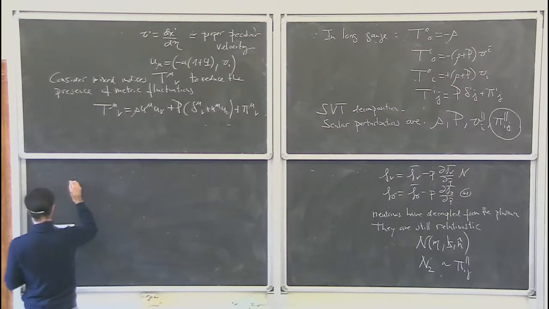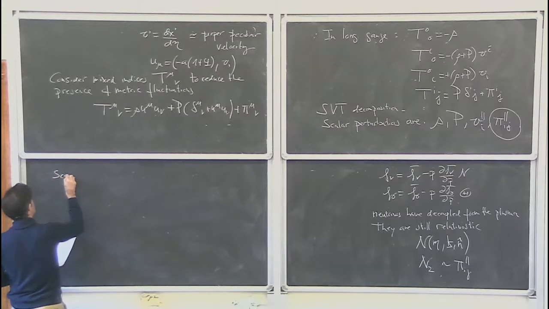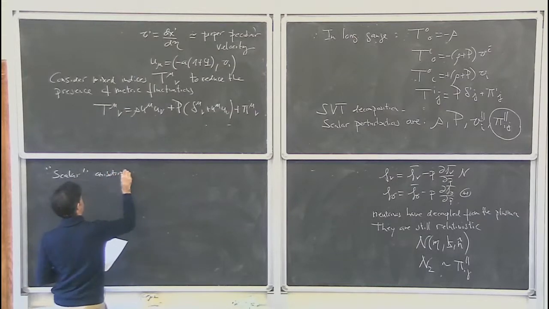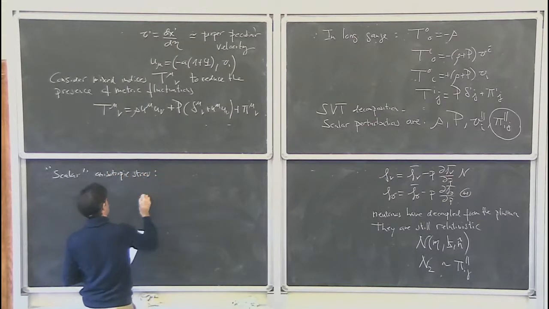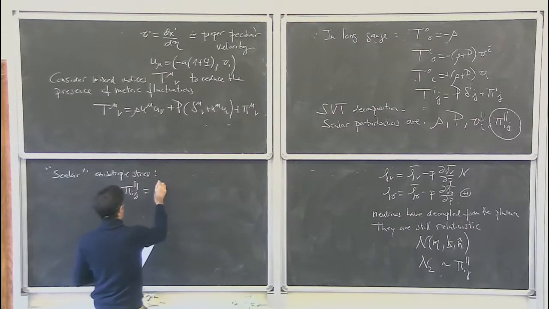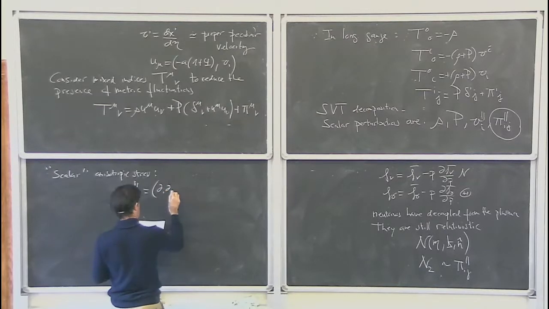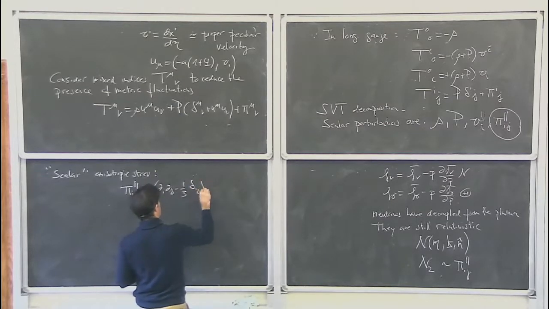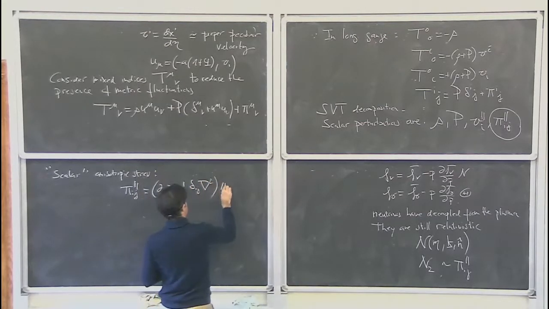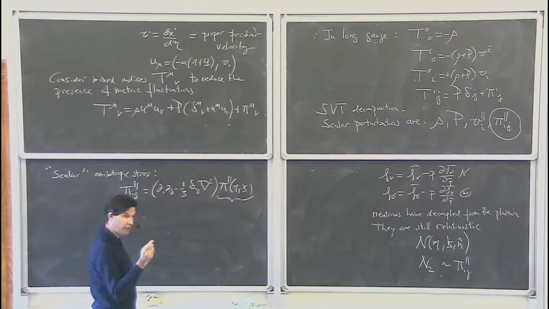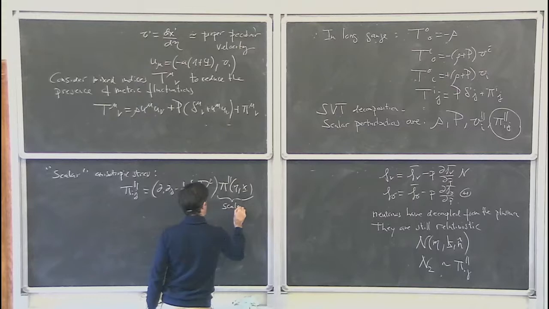So we construct it out of a scalar function, by acting on the scalar function with this operator. And so this is really the scalar degree of freedom, one degree of freedom, one scalar here, okay?